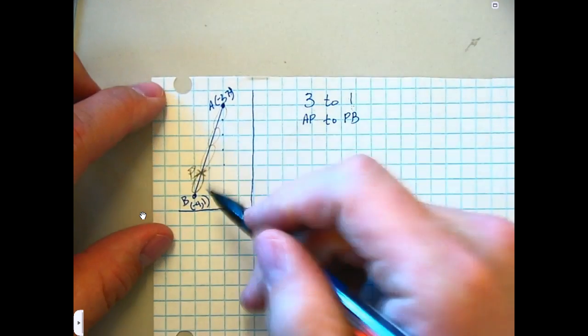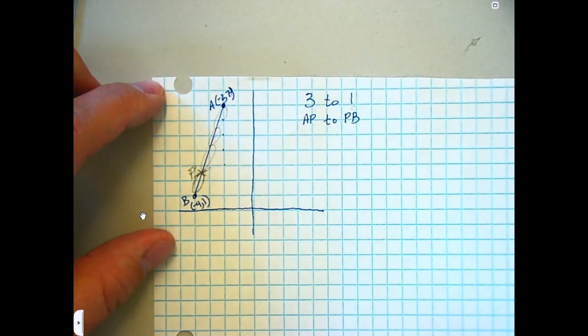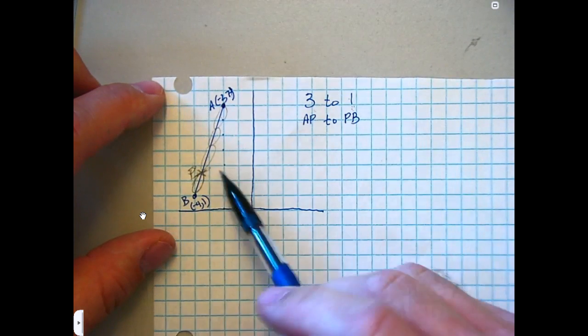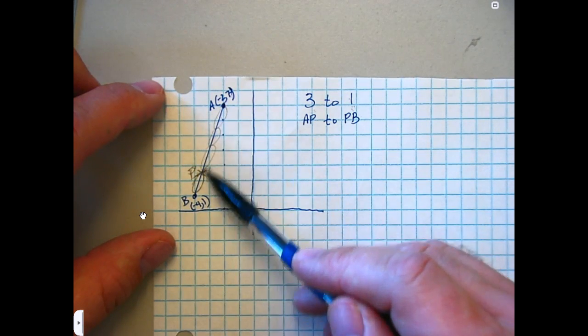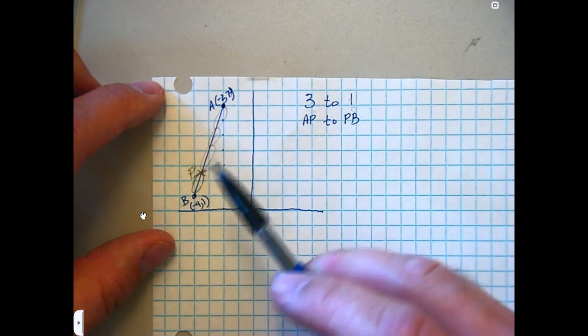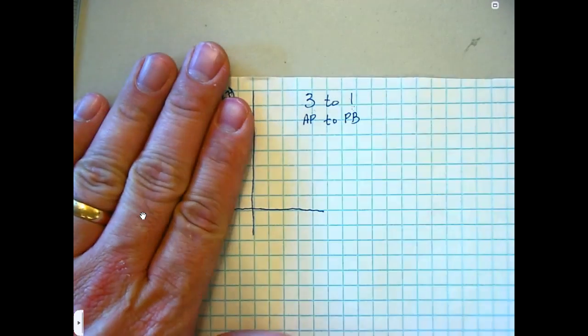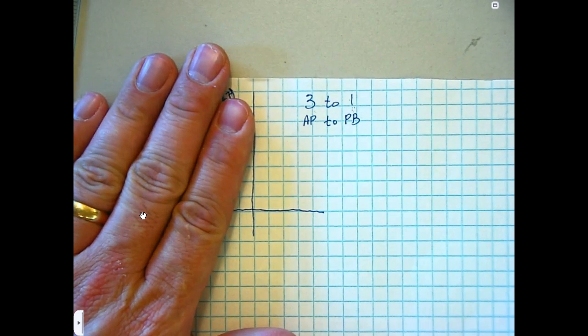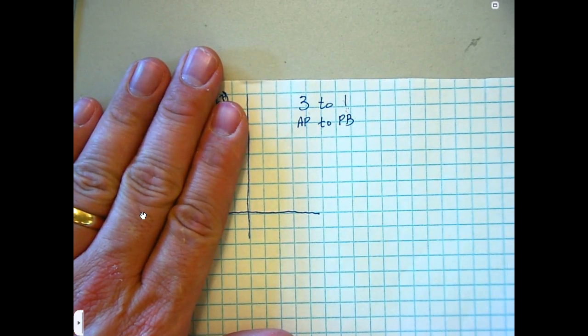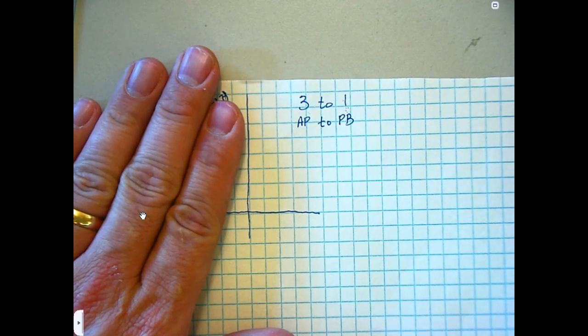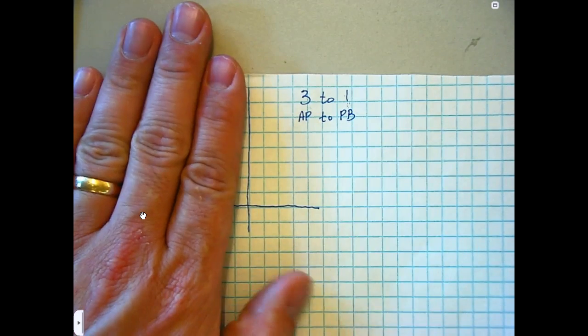But first, how many parts are there then, if that's true? This line segment is broken into 4 pieces. Now, how could I get that 4 without actually looking at the picture?